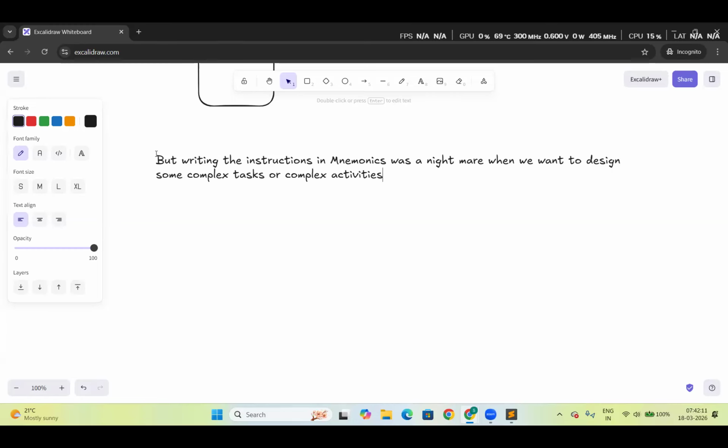Because you need to remember the keywords, you need to remember those operations and all. It was not human friendly at all. Clear?